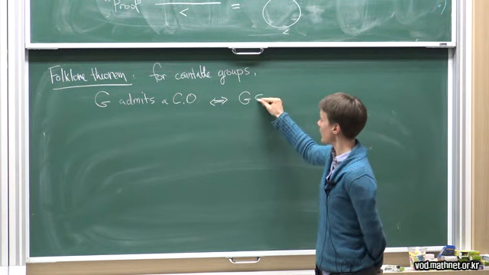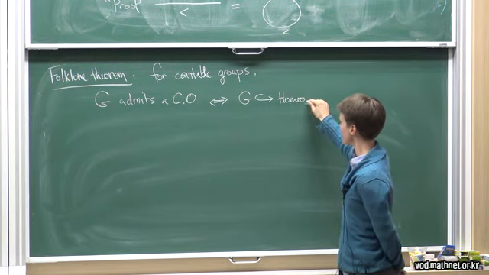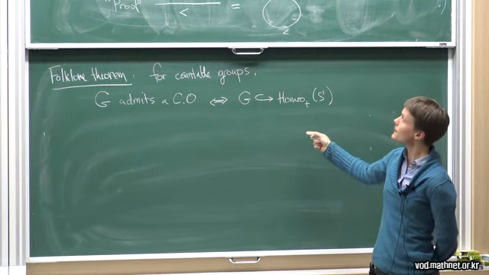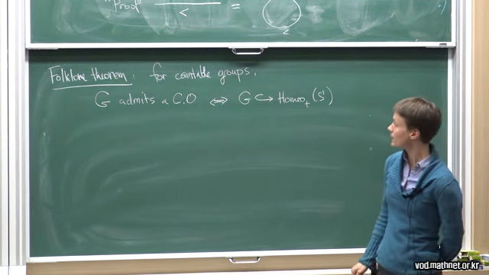So G embeds as a group into the group of homeomorphisms of the circle. Okay. So in some sense, these are essentially the only examples.